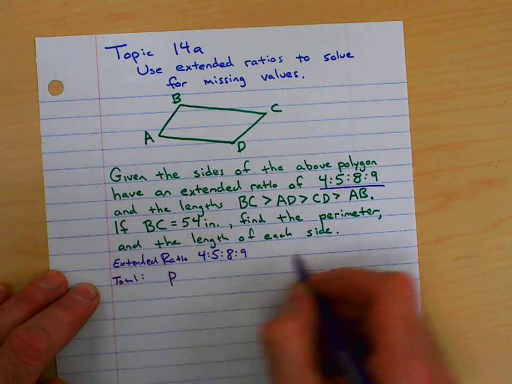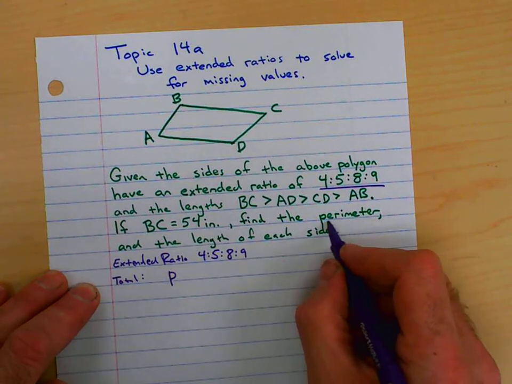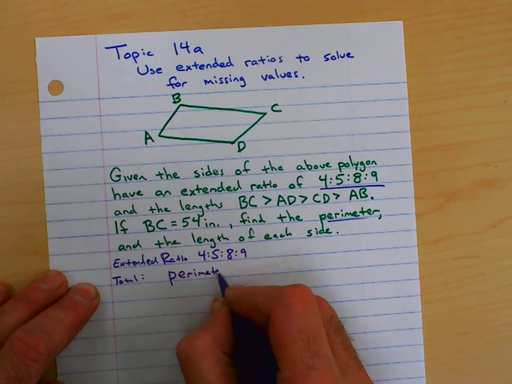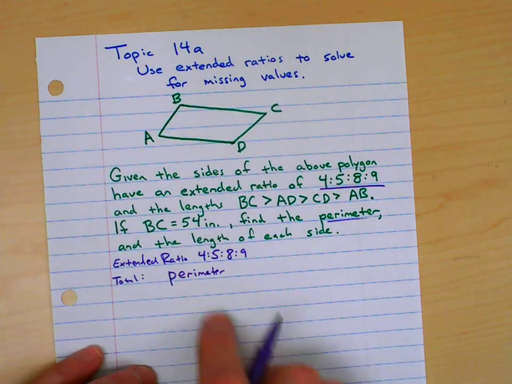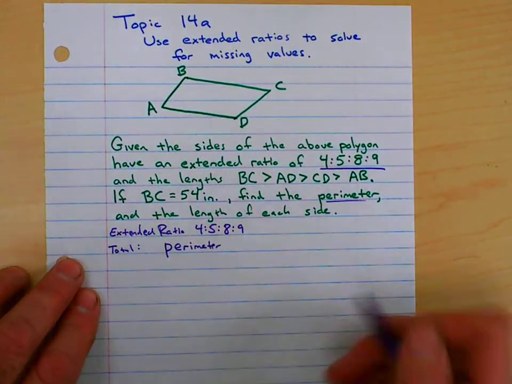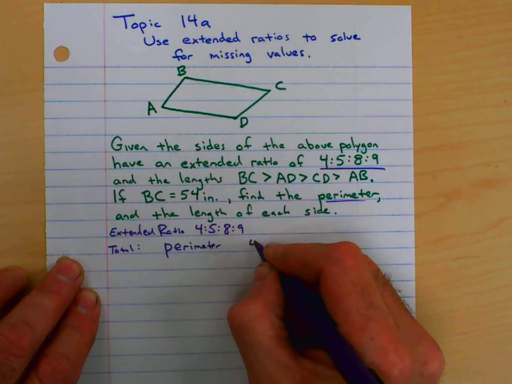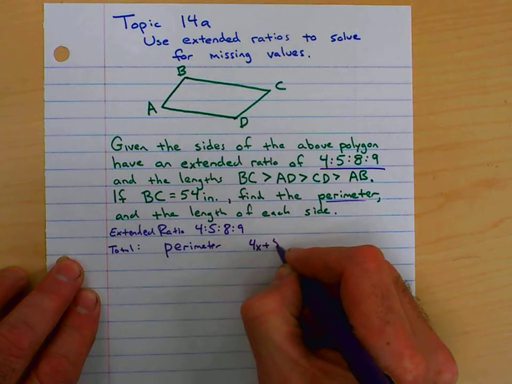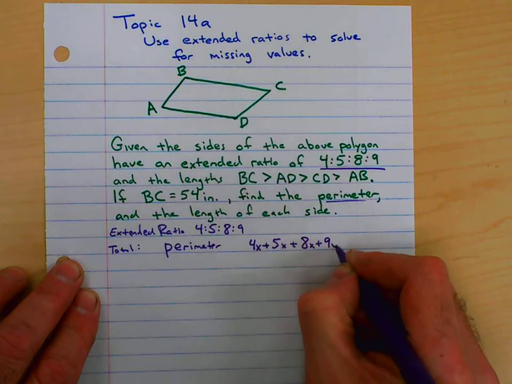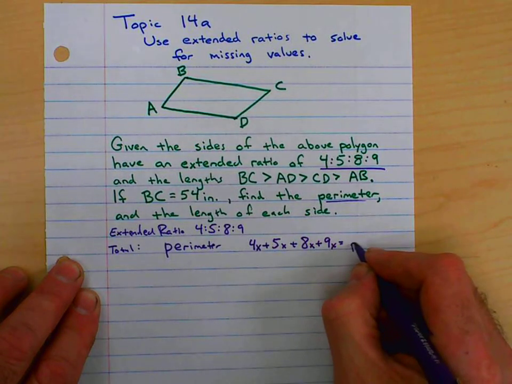In this case, we don't know it. They're asking us to find the perimeter, so we're just going to call it the perimeter. If we wanted the perimeter, we would have 4x plus 5x plus 8x plus 9x. We could say that's going to be our perimeter.